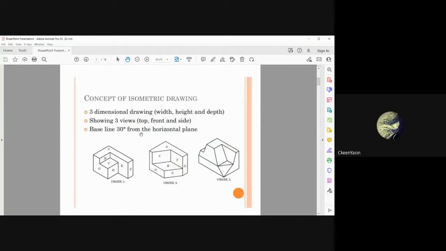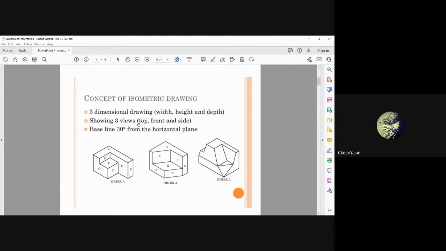Okay, later on, I forgot to show you what kind of tool we are supposed to use. That is the most important thing that I forgot to share. Later on, I will show you in the group the correct tool to do the isometric.